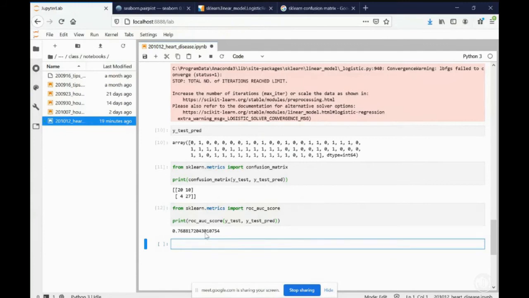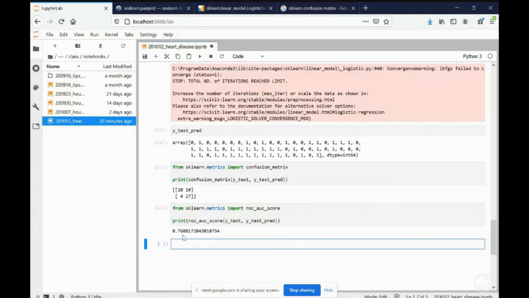ROC AUC score is what you'll be using for all classification types of models. All right, so we do have quite a bit more to get through today. We've got our ROC AUC score, and what's a good ROC AUC score? Or let's just call it AUC score.